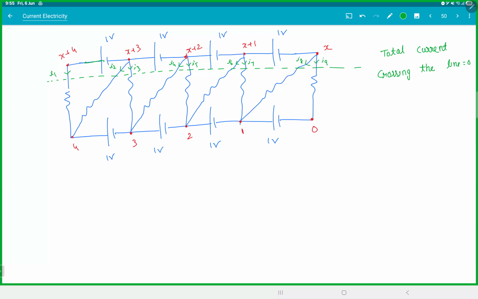Didn't I simply directly say the net current passing through this node, this node, this node, this node, and this node, the total current from the 5 nodes, is 0? Notice what we did? We are writing junction law for 5 nodes at the same time. So when you draw a line, that's what you did indirectly. You wrote that all the current coming out of the nodes must be 0. Is that making sense? And whatever is between them is internal, isn't it?